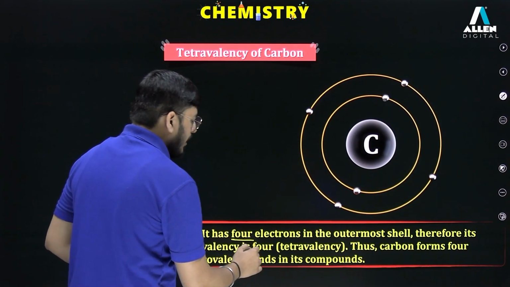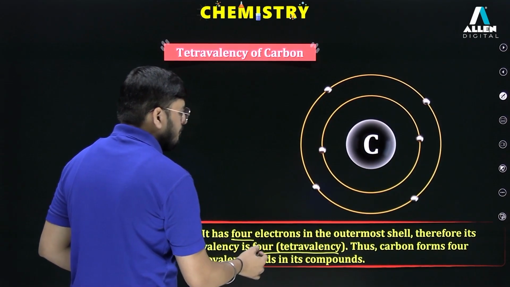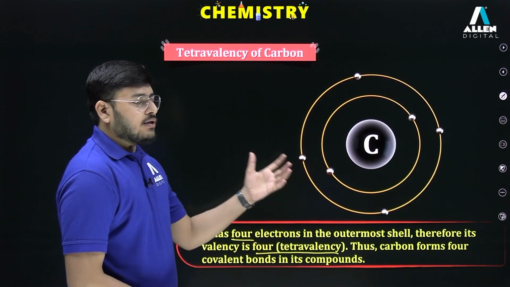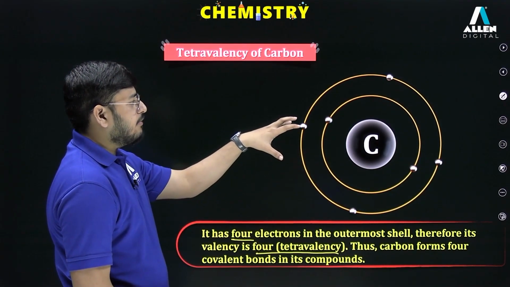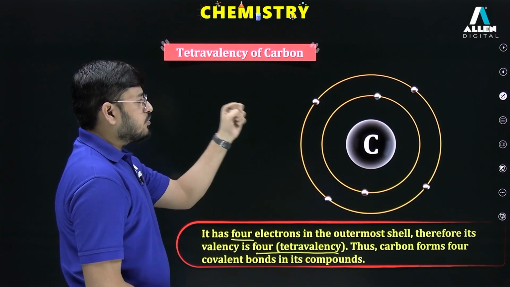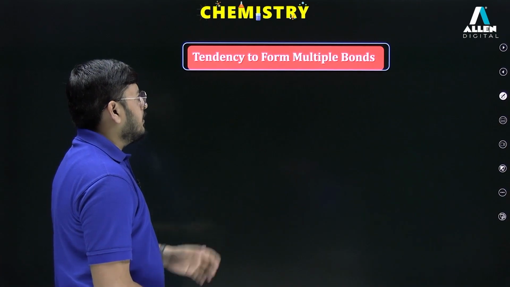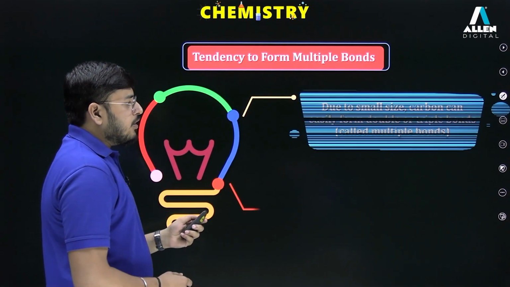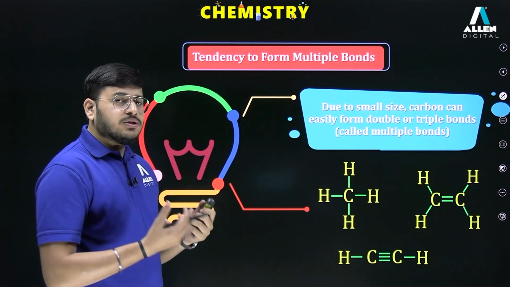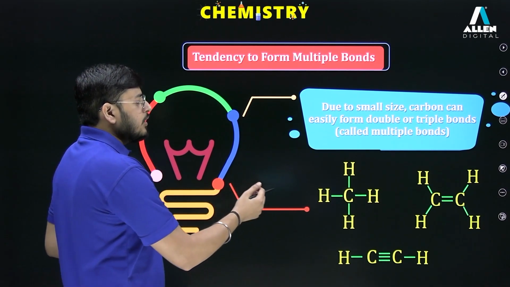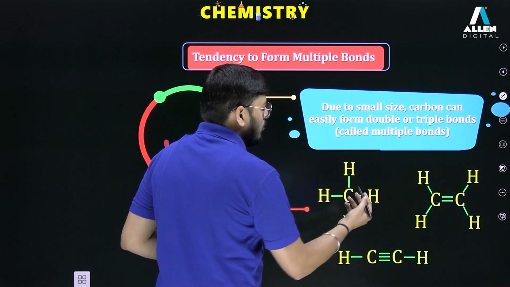That is why it can connect with 4 different atoms in one single go. And the tendency to form multiple bonds: carbon not only forms a single bond, that is, by sharing only one electron.